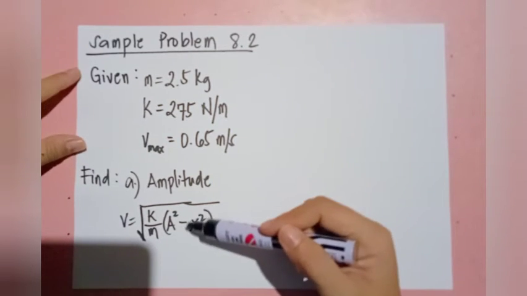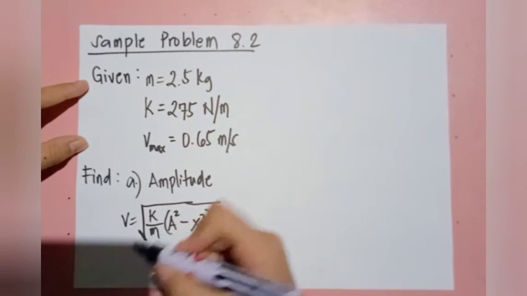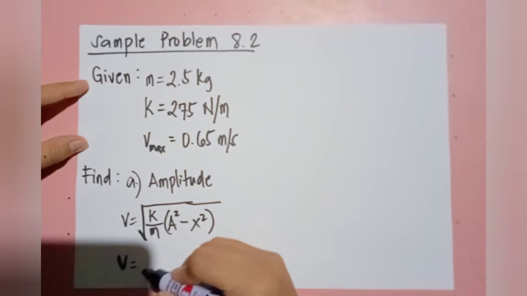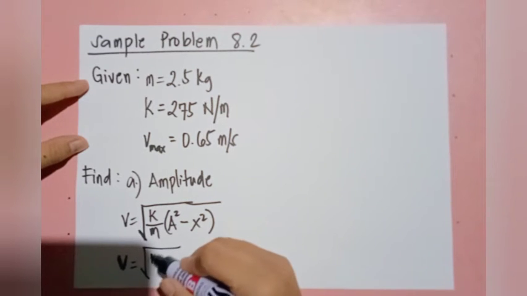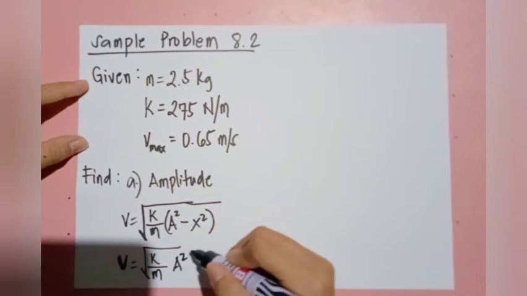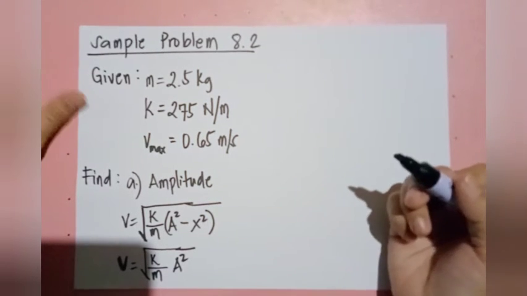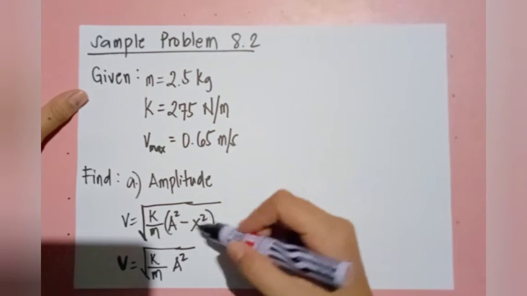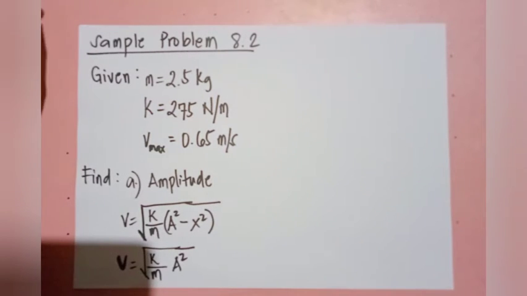So our equation will become v equals square root of k over m times a squared, since x squared is already equal to 0.